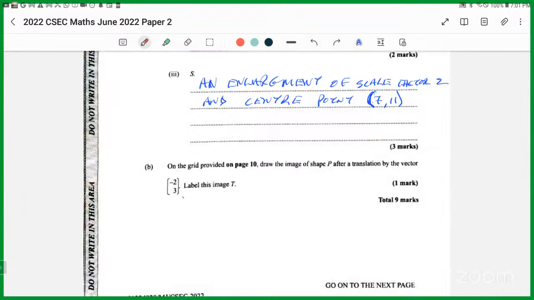Now this vector, negative 2, 3: the negative 2 means minus 2 units to the left. Starting here, the point is going to move 2 units to the left, and the 3 means 3 units upwards. That's what that translation matrix means.